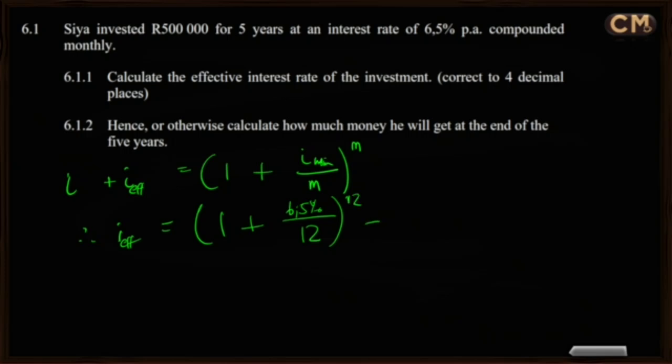Multiplied by 12, minus 1. You can, of course, ensure that it becomes 0.065 by dividing it by 100, if your calculator is not capable of accepting it as is over there. Most modern calculators, however, are capable of doing that.